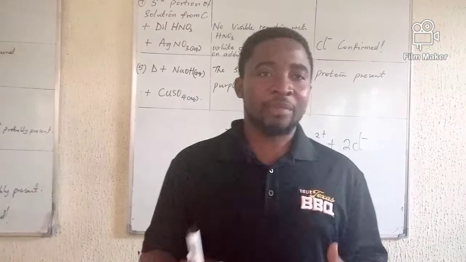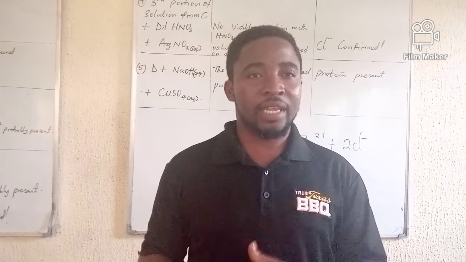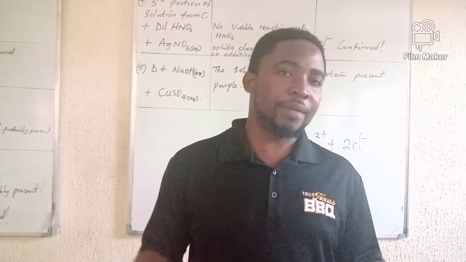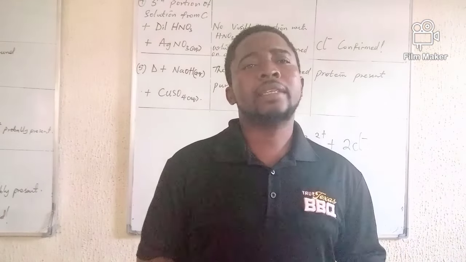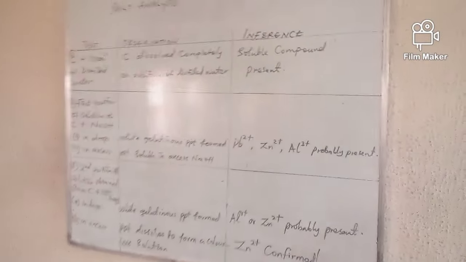So we're going to study the chemistry of zinc and these reagents. How does zinc react with sodium hydroxide and aqueous ammonia? Now, let's go to the board and see a sample question, the observation table.